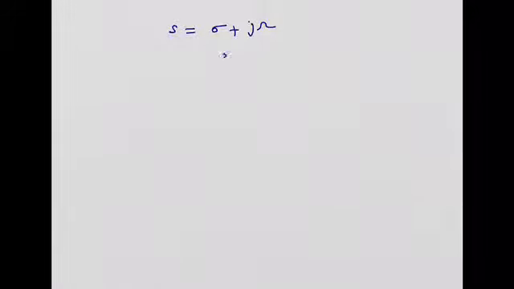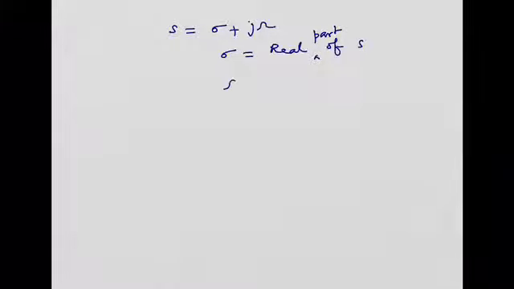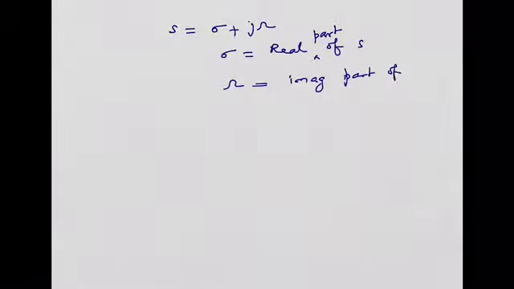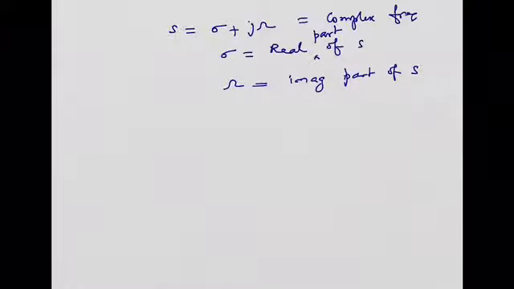The real part of s is specified by sigma, and omega is equal to the imaginary part of s. s is called complex frequency. So we shall see how to represent these poles and zeros.